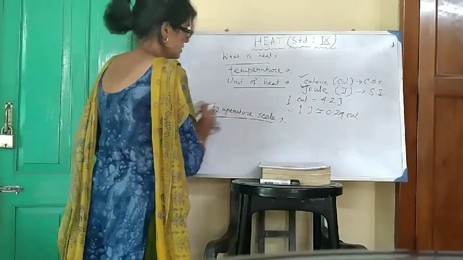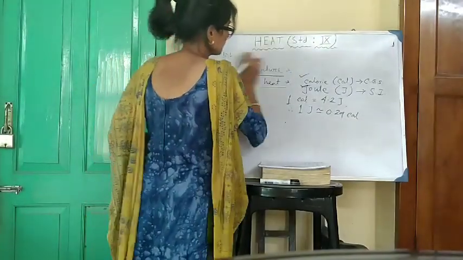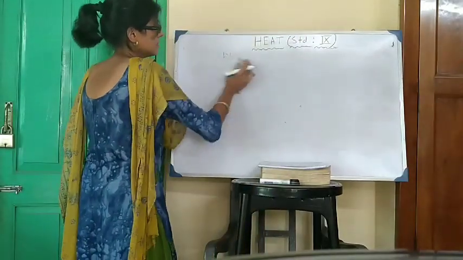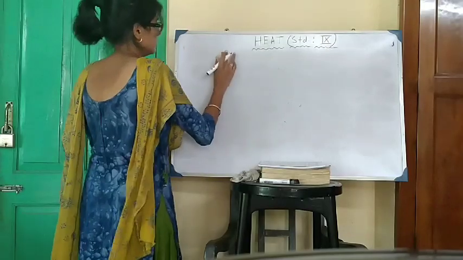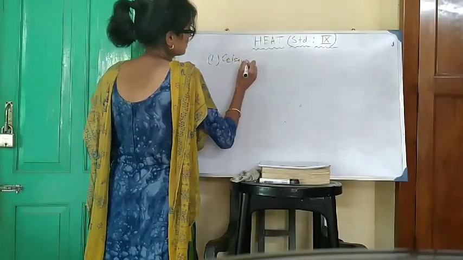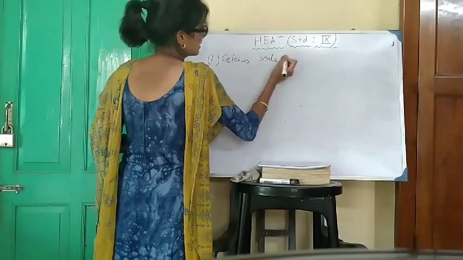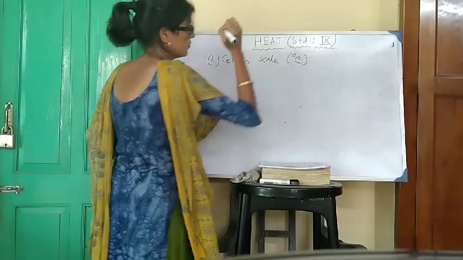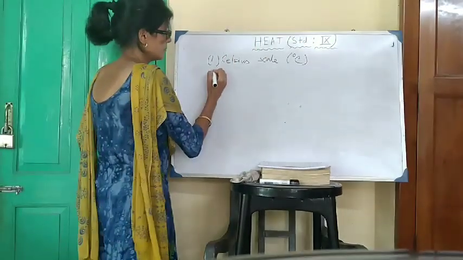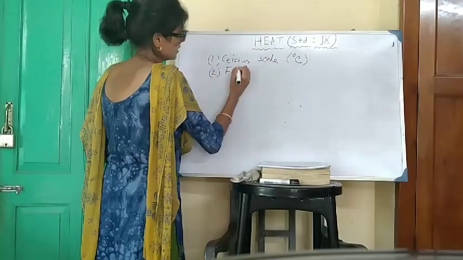3 types of scales we had done in standard 7. Number 1, Celsius scale. Unit of temperature measured by Celsius scale is degree C. Number 2, Fahrenheit scale.